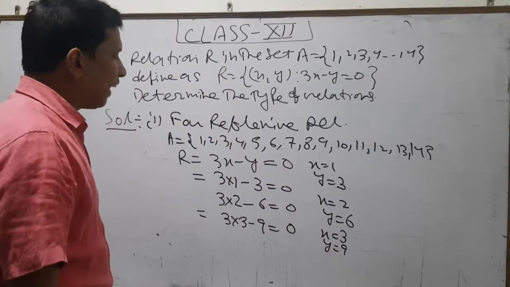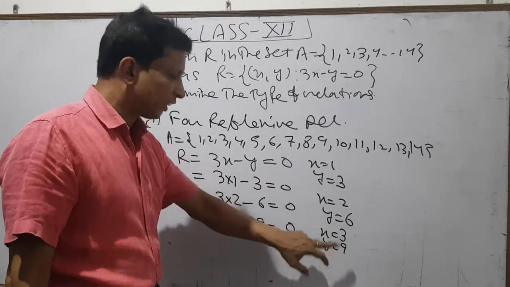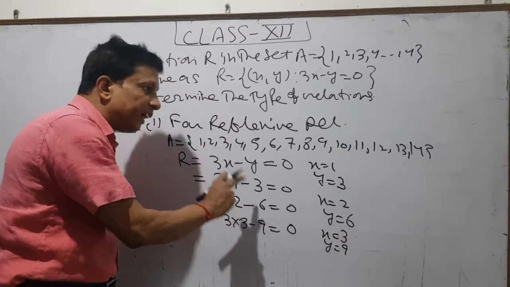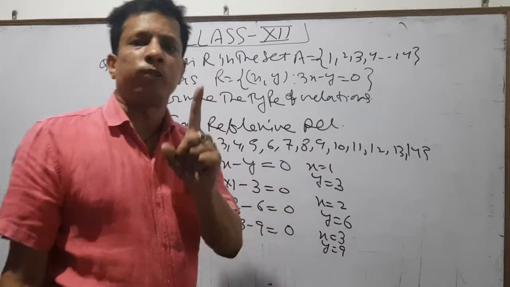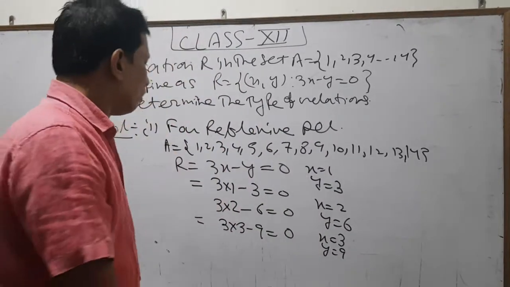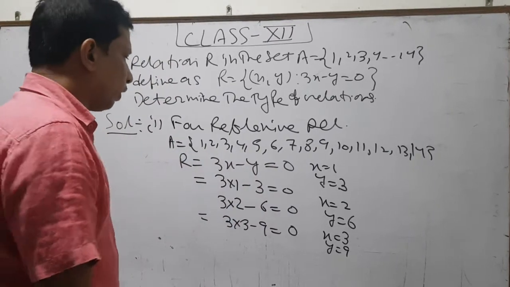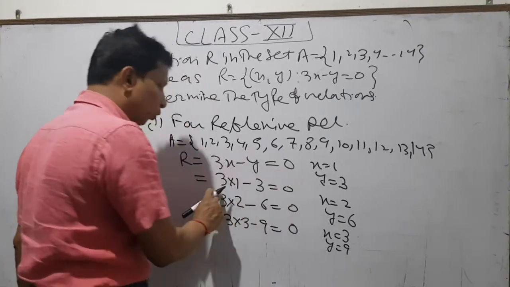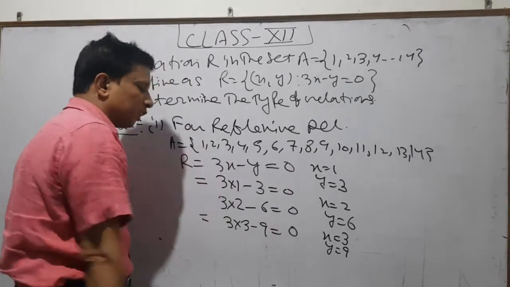Do you know why I am taking the values 1 and 3, 2 and 6, 3 and 9? Substitute only those values from this set in place of x and y when the result is 0. So when we substitute 1 and 3, the result is 0. 2 and 6, the result is 0. 3 and 9, the result is 0.